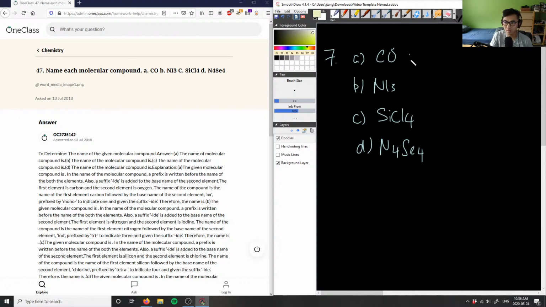So our first one here, we have CO. Our first element is carbon, so C is carbon, and then we have O here, which is usually oxide for an ionic compound, but in a molecular compound we have to add the prefix, right? So it's carbon monoxide because we have one oxygen here, so monoxide. Same thing with the second one.